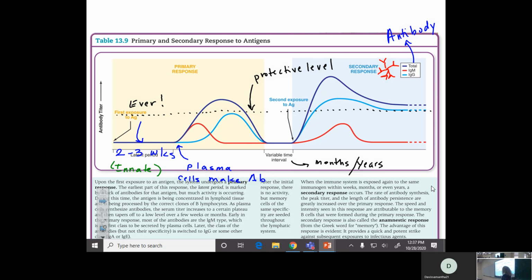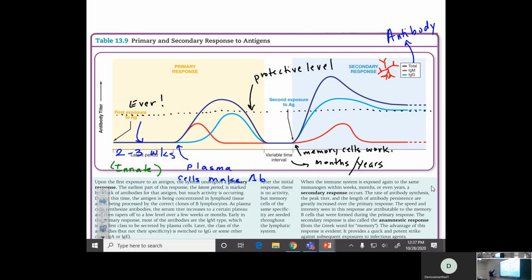And the second time that you see that same shape, you'll have a really quick boost of antibodies. It doesn't take 2 weeks the second time, it only takes about 4 days or something. And that's because here is where your memory cells start to work.